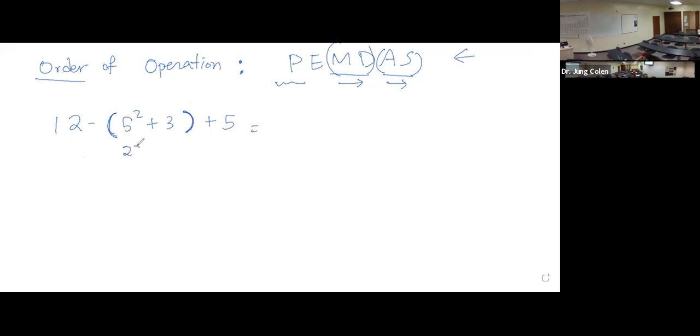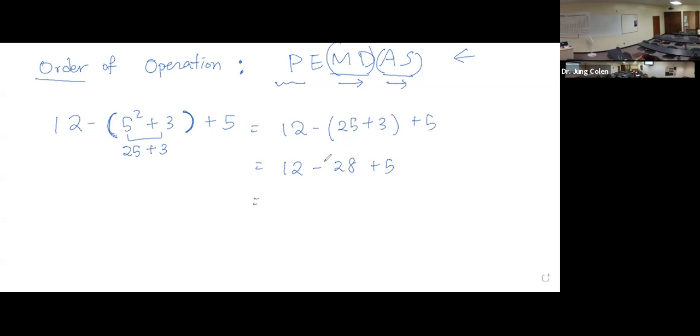Exponent. So I need to do 5 squared, which is 25 first, then add 3. Right, so I'm gonna rewrite that as minus 25 plus 3, plus 5, right? And I'm still not done with the parentheses, so I'm going to add these together and I get 28. And the parentheses is gone, right?